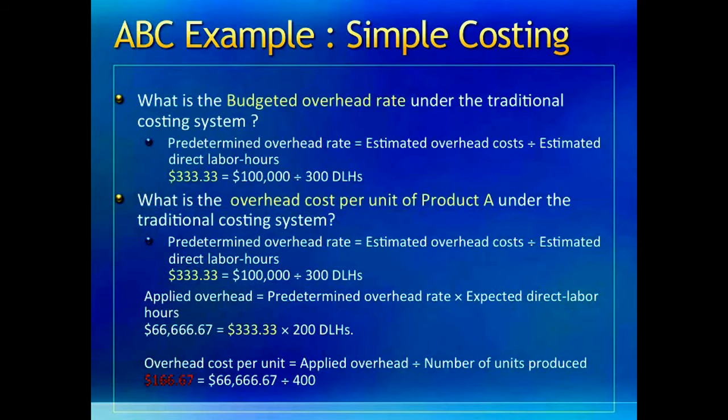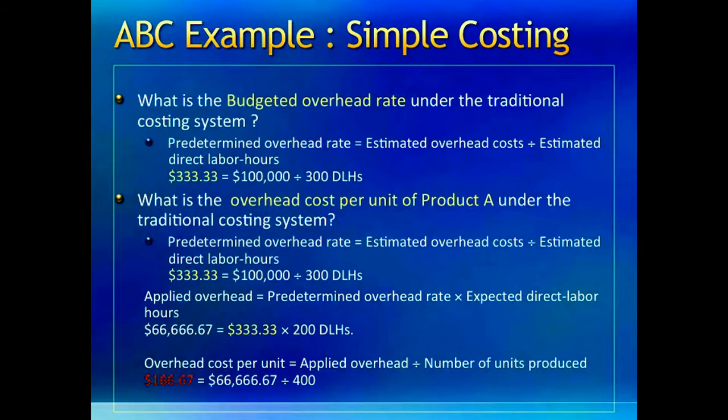You might have to refer back to the original problem for information here, but you will see that product A uses 200 direct labor hours, so the overhead applied to A will be the rate times actual direct labor hours, giving us total overhead applied of 66,667.